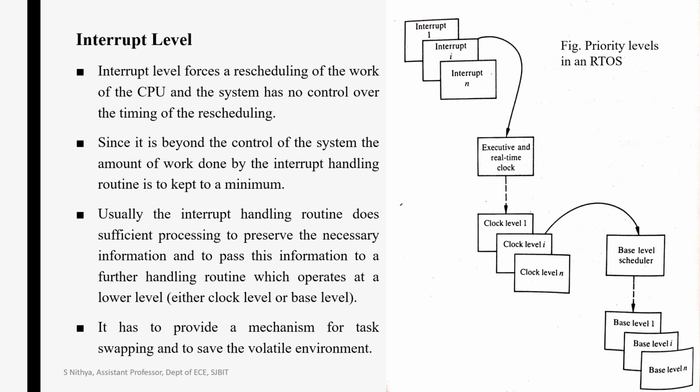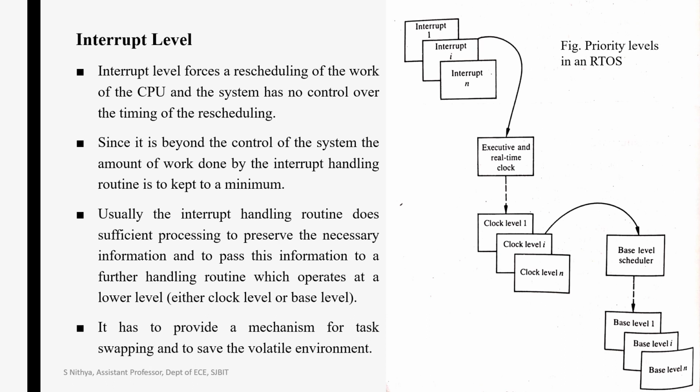Usually the interrupt handling routine does sufficient processing to preserve the necessary information and pass it to a further handling routine which operates at a lower level, either the clock level or the base level. It also has to provide mechanisms for task swapping and saving the volatile environment.